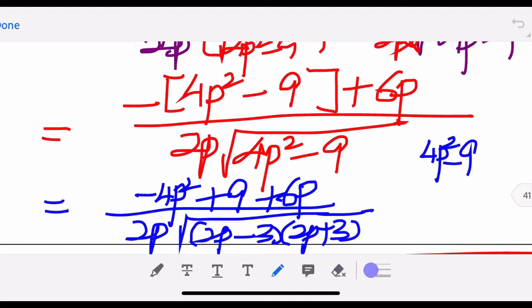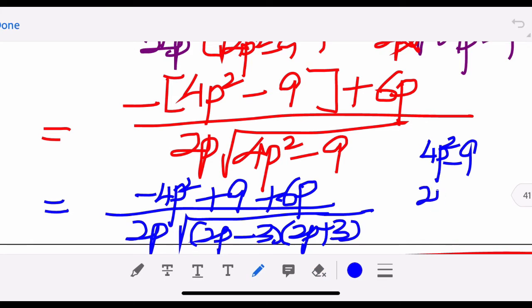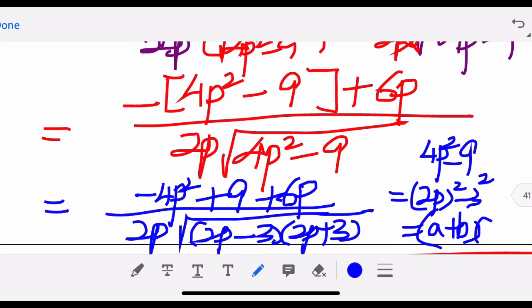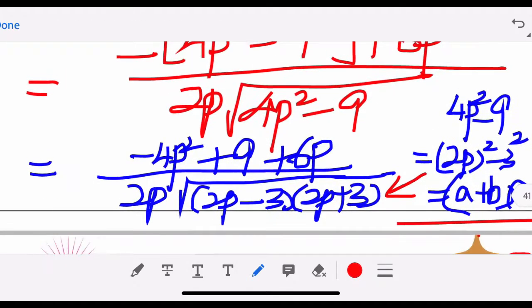It can be written as (2p) squared minus 3 squared, then you will have the a plus b, a minus b formula. That is why your answer should be this one. The simplest answer should be minus 4p squared plus 9, plus the 6p.